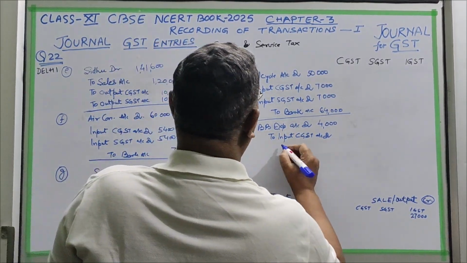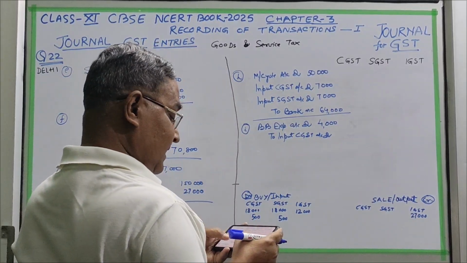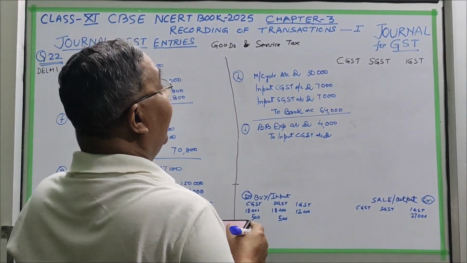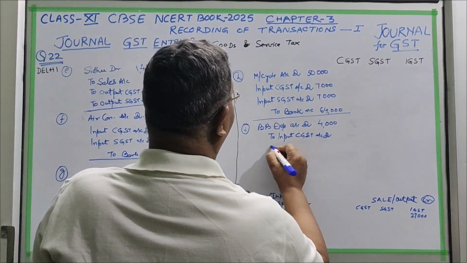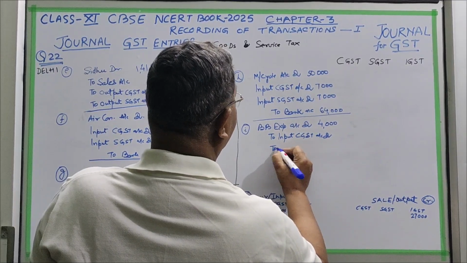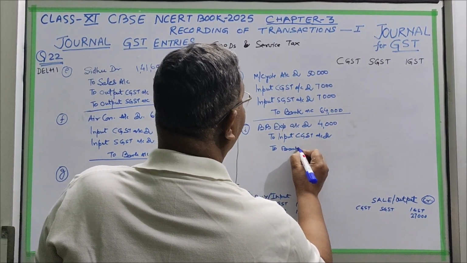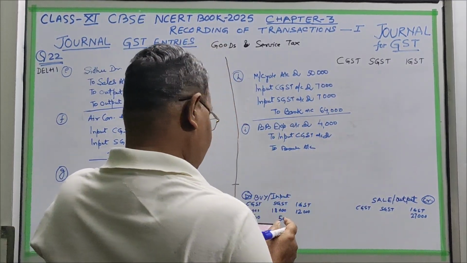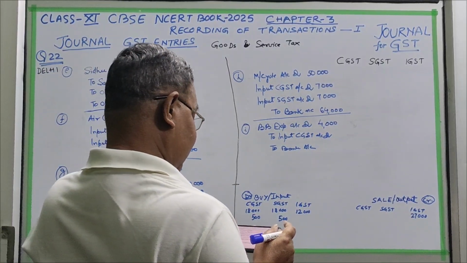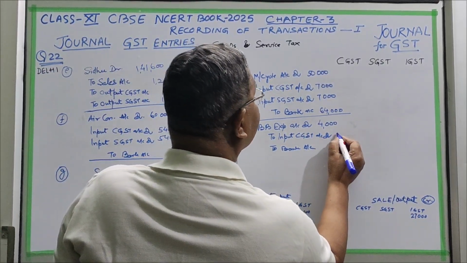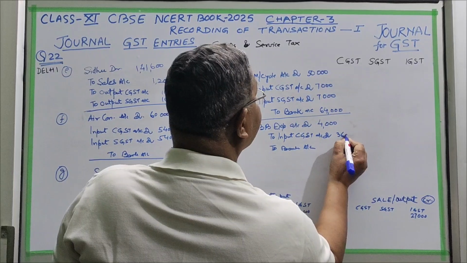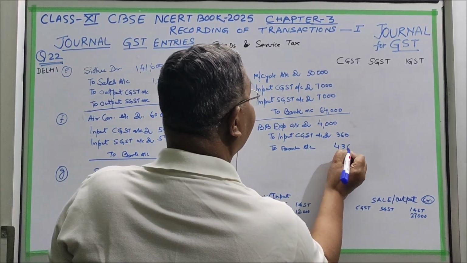And here they are telling SGST 0%, nothing they are charging, to bank account. So it is 9%, so 360, and 4,360 to bank account.